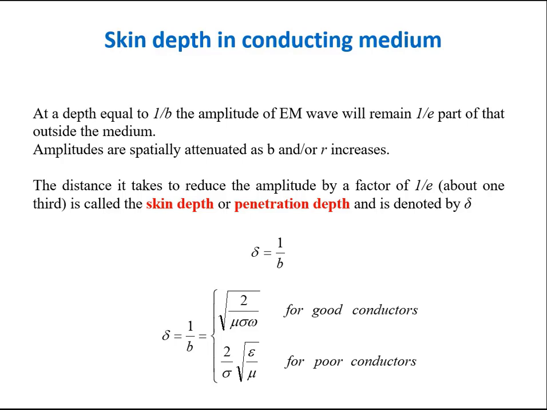Also, delta depends, for a good conductor, on omega, which is the frequency of the electromagnetic wave. So the more the frequency, the less the skin depth. So one can say that a good conductor behaves like a poor conductor for a very high frequency of electromagnetic wave or very high frequency AC.